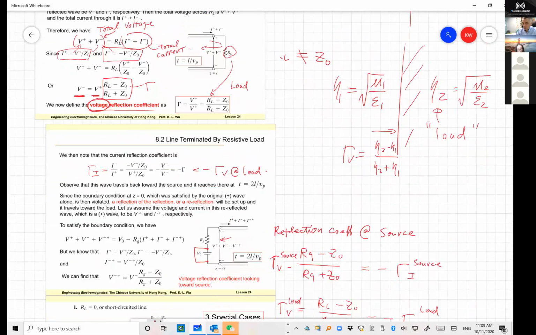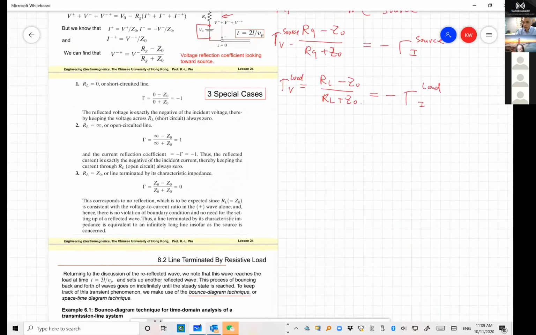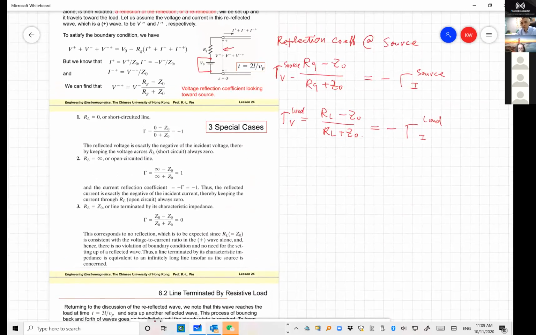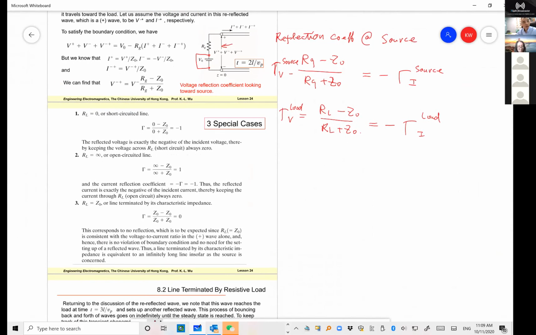Now let's talk about why the reflection coefficient magnitude is less than or equal to 1. We have three special cases. One is when the load is 0, which means a short circuit, and the voltage is equal to 0.